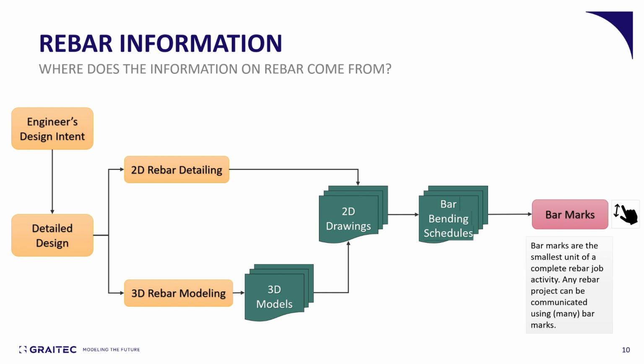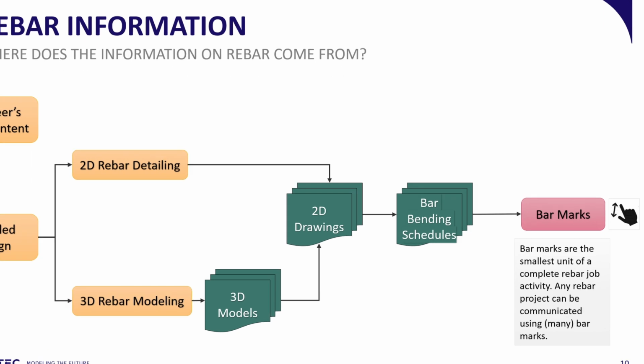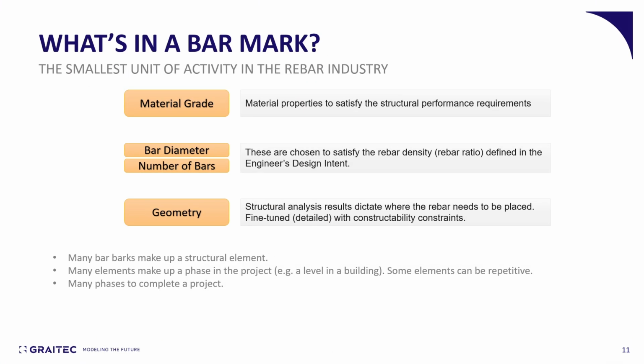into the bar bending schedules, and that needs to be defined within the bar marks. The bar marks are the smallest unit of a complete rebar job activity. Any rebar project can communicate using many bar marks, so it's quite critical. To understand what bar marks are: the smallest unit of activity in the rebar industry.